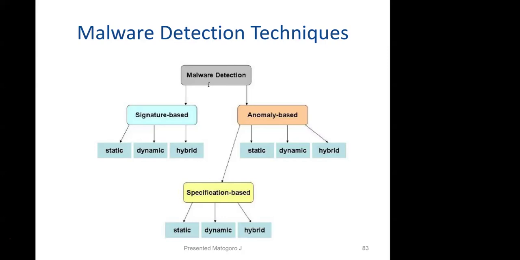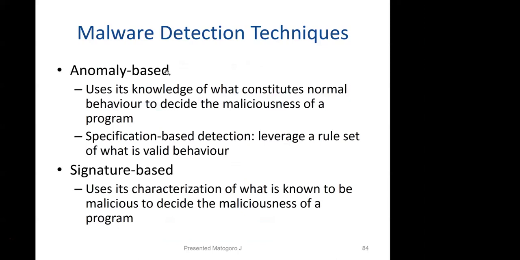High false positive rates, relies on regular signature updates. Okay, anomaly-based detection establishes a baseline of normal behavior and flags deviations. So far, so good. Anomaly-based uses its knowledge of what constitutes normal behavior to decide the maliciousness of a program.